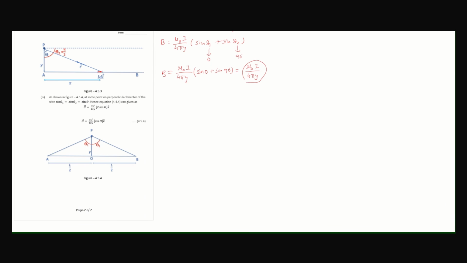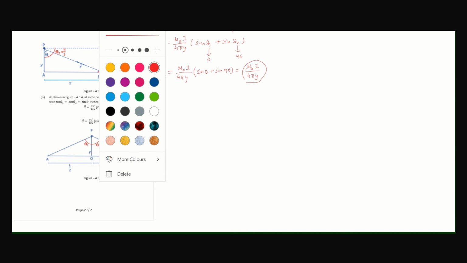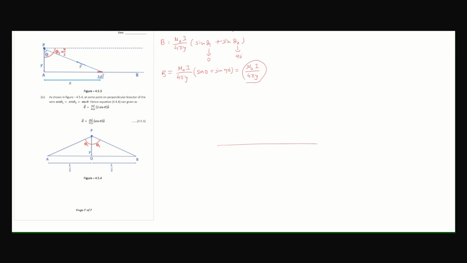Now we have a wire and say point P is here in such a way that angle theta 1 and angle theta 2 both are the same. So theta 1 and theta 2 both are the same. We may label them as theta.